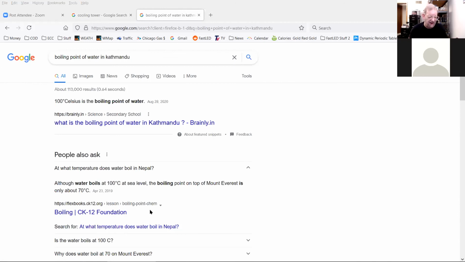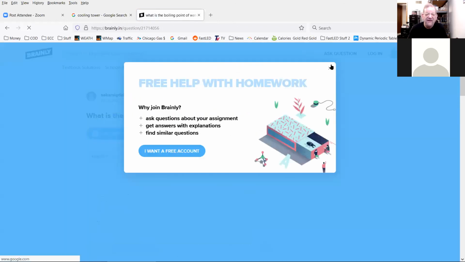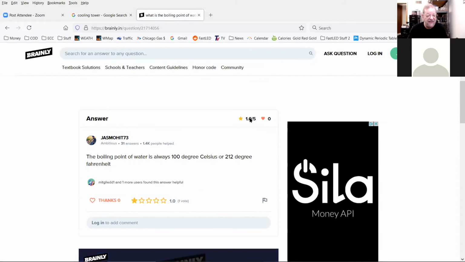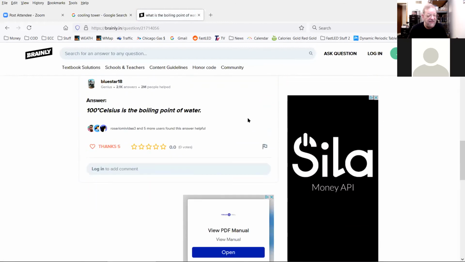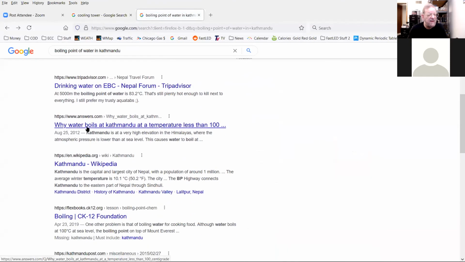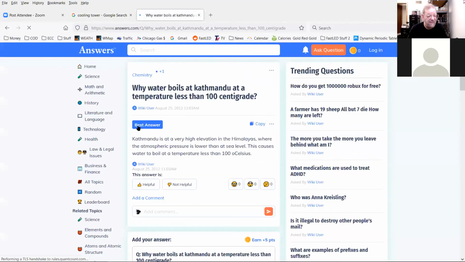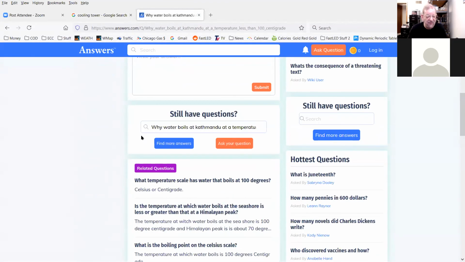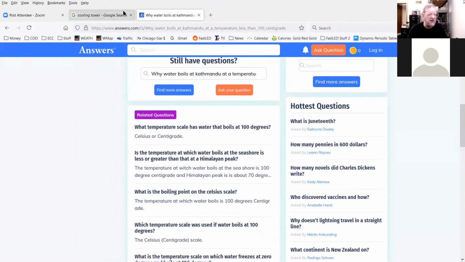It's a little lower or higher. But in Kathmandu, or in Nepal, in that area, it's 70 degrees C, 30 degrees lower. Wow. Nope, that's not what I was looking for. Here's one of those, which is, it's about 70 in Kathmandu.